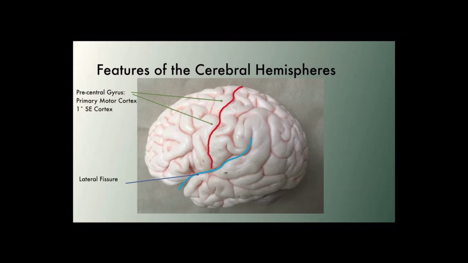Lateral fissure or lateral sulcus. How about here? That's right. That's going to be our postcentral gyrus. Primary sensory cortex. Good. Here, red arrow. That's right. Central sulcus. Let's keep moving.